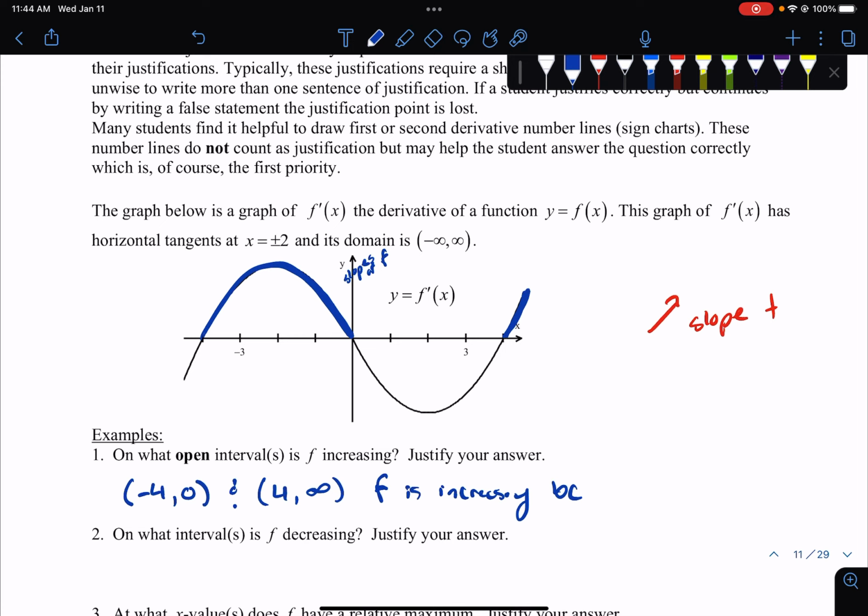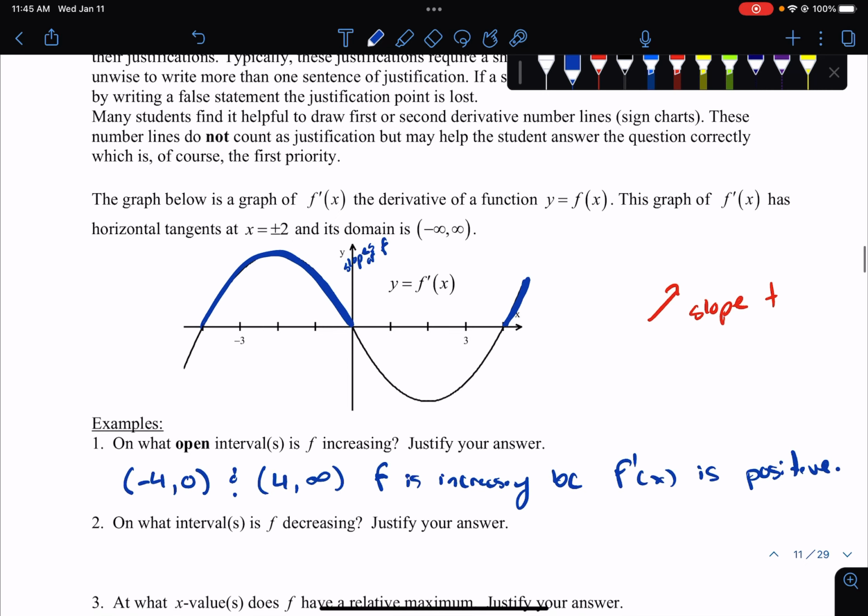So I'm going to say because f prime of x is, I could say it's greater than 0, but I'm going to say f prime of x is positive. All right, so in that interval, f prime of x is positive, so that means my function's increasing.